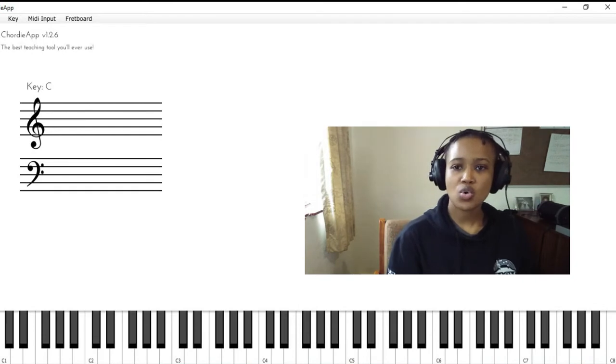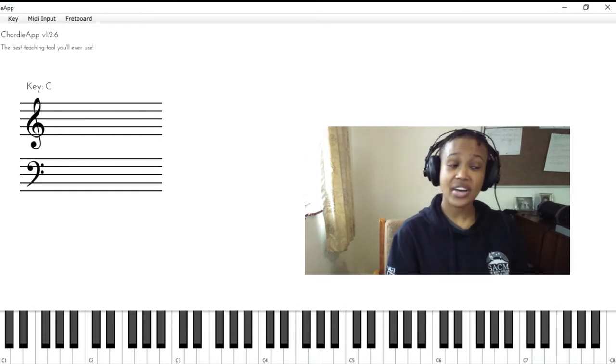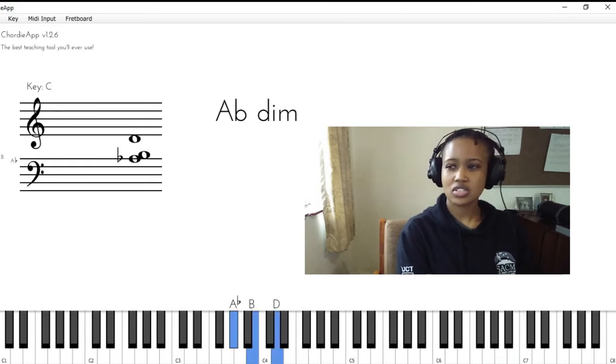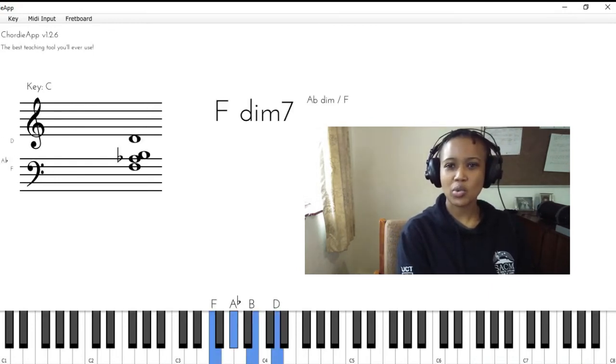How does a diminished chord function? A diminished chord functions in a way where it creates suspension. It's like a resolution point or cadential point. It almost always resolves to another chord. Okay, this is not typically a resolution point.